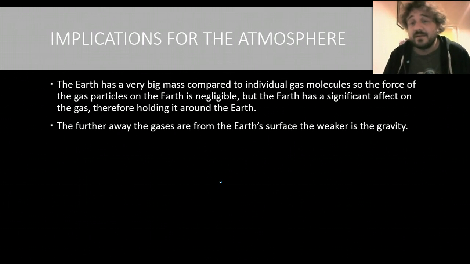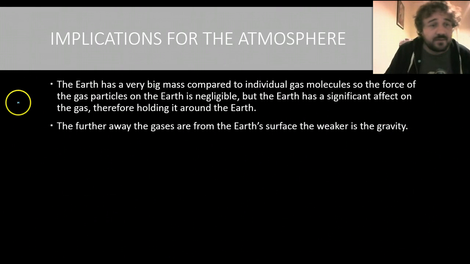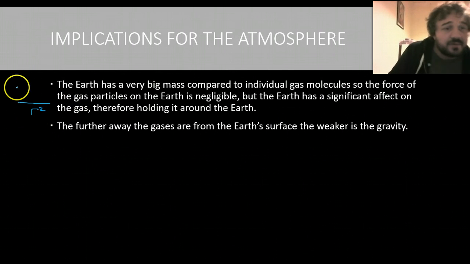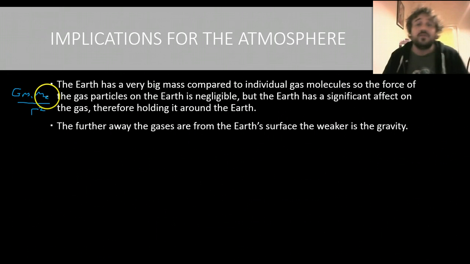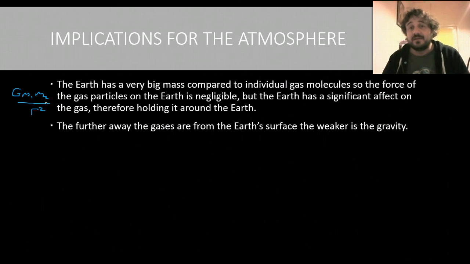Further away, the weaker gravity's effect, and that's because of that, where it was basically divided by R squared. So actually we'll go gravitational constant m1, m2. When we talk about it based on that formula, you can see that the further away you get from Earth, the gravity gets much, much weaker, and it happens really fast. The gravity decreases very rapidly.